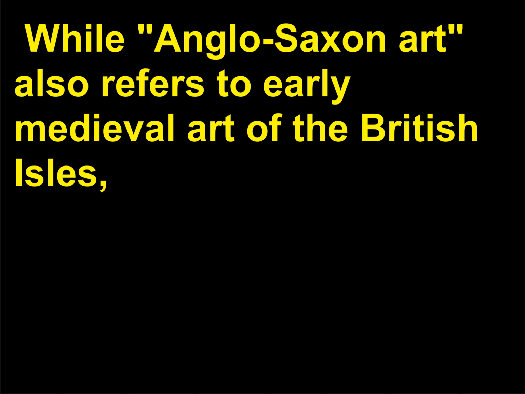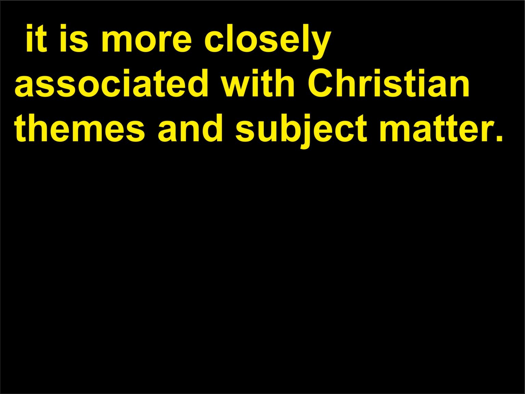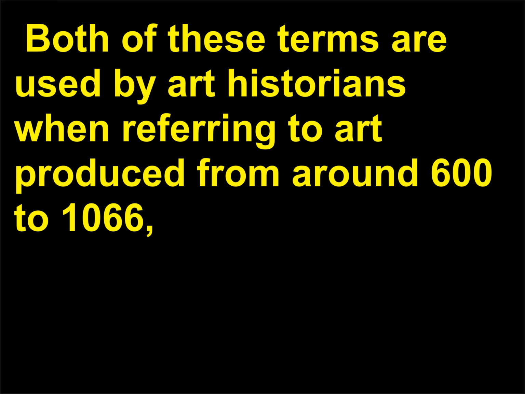While Anglo-Saxon art also refers to early medieval art of the British Isles, it is more closely associated with Christian themes and subject matter. Both of these terms are used by art historians when referring to art produced from around 600 to 1066, the date of the Norman conquest of Britain.